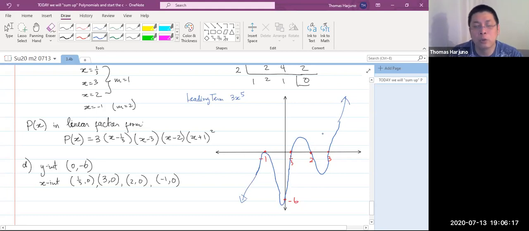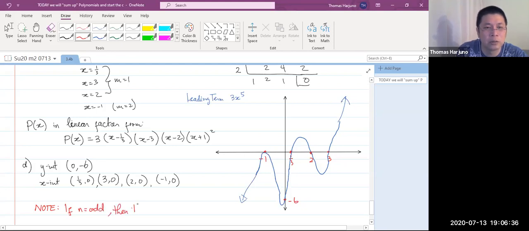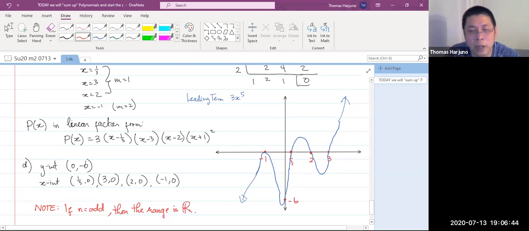Now, actually, you will see that if n is odd, then the range of that polynomial is all real numbers. Okay, that's something we don't have if it is degree of 2.